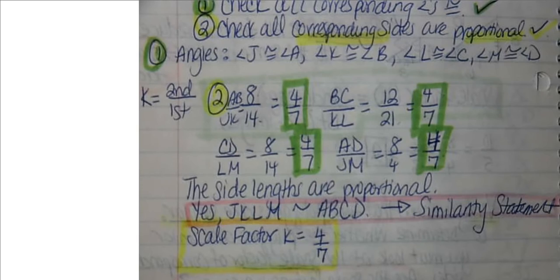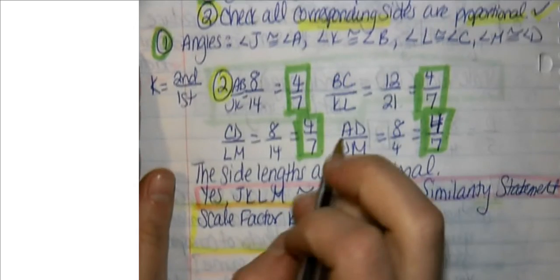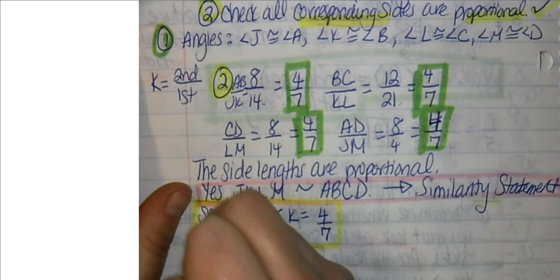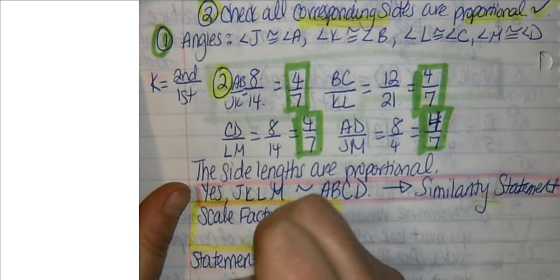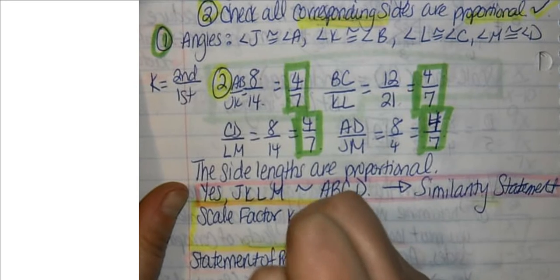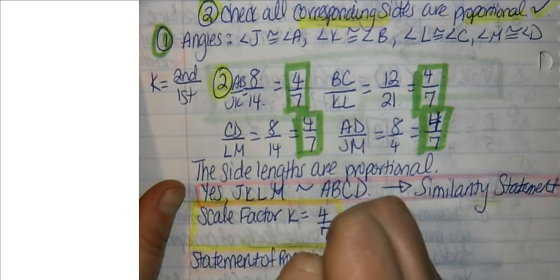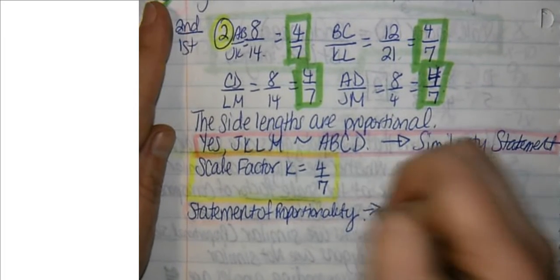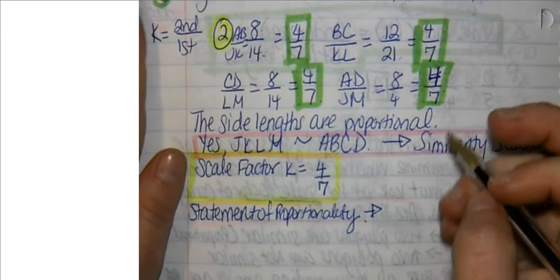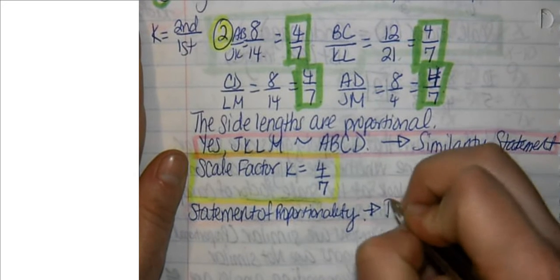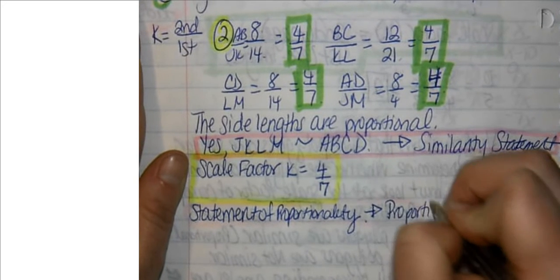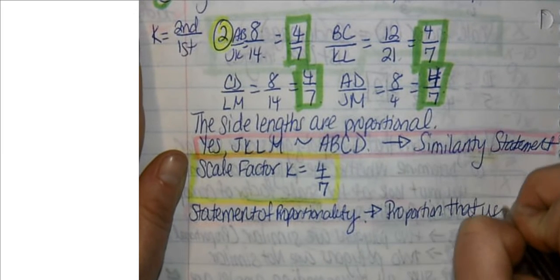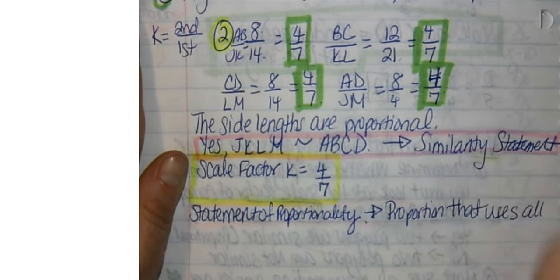Finally, whenever you are talking about a statement of proportionality, a statement of proportionality is a proportion that uses all side lengths.